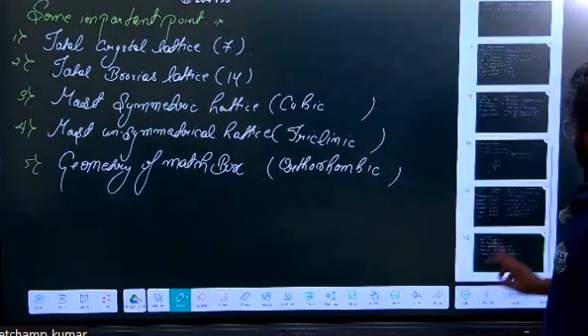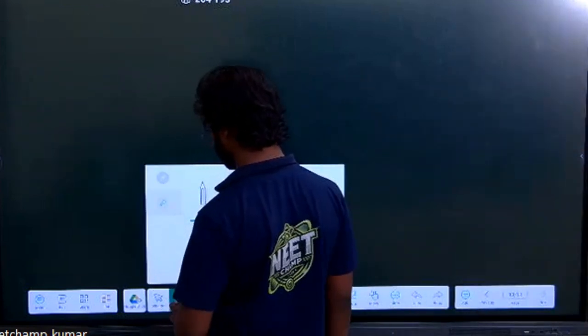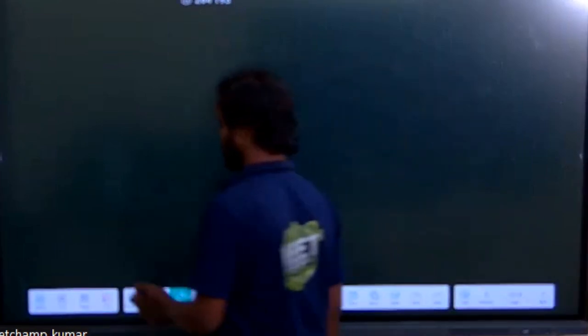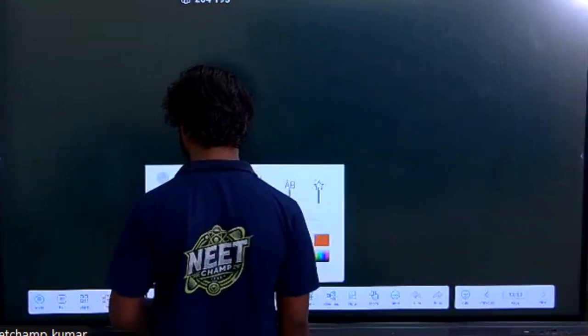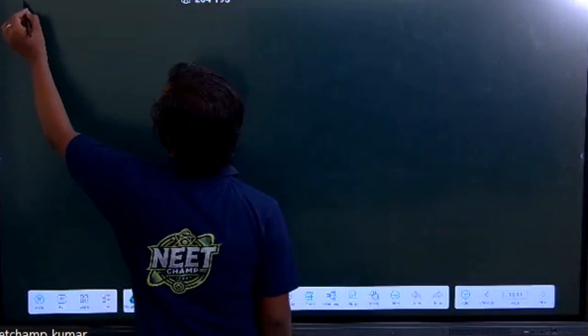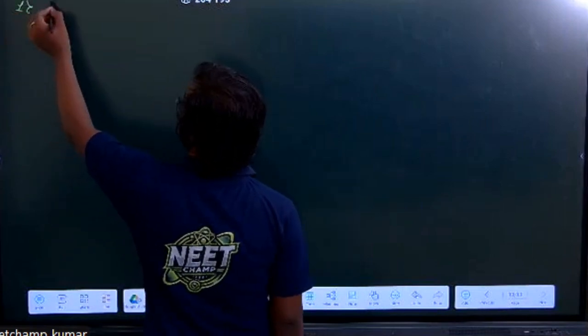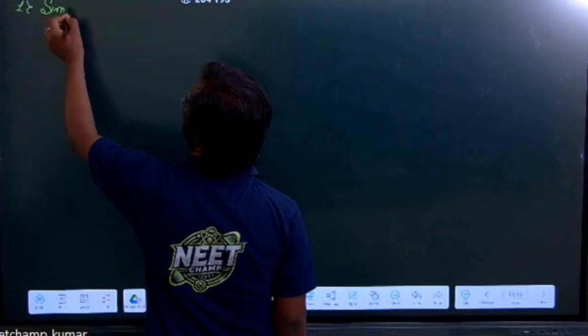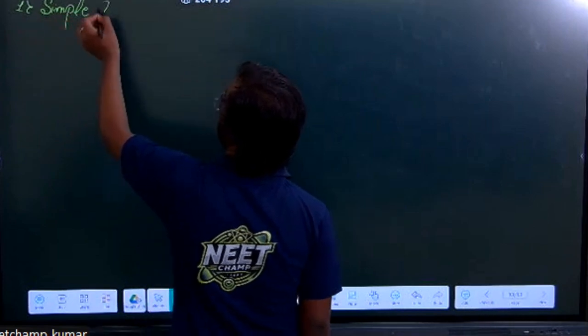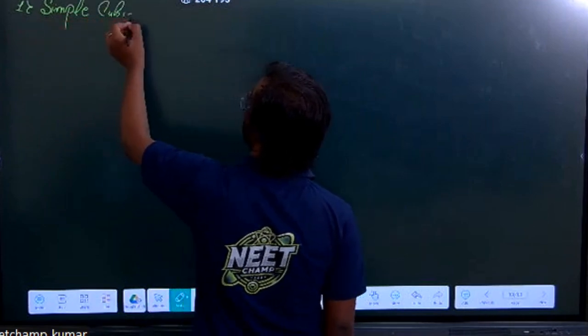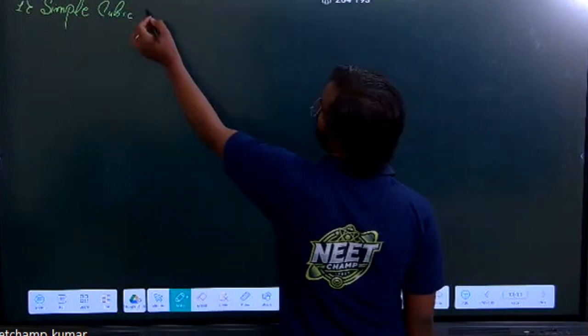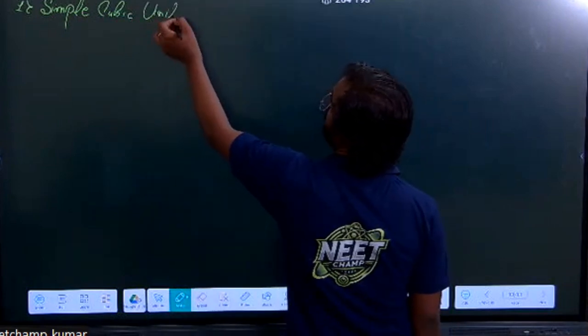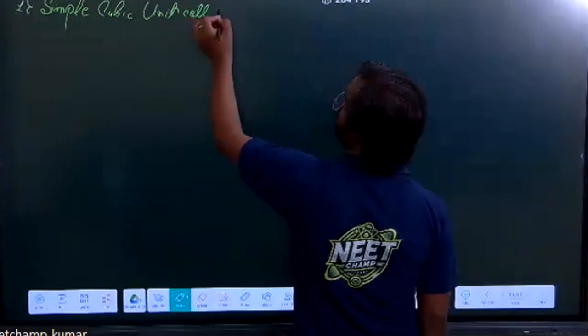Clear? So let us proceed further. Now we will start our discussion on the different types of unit cells. The first unit cell we are going to discuss is the simple cubic unit cell.